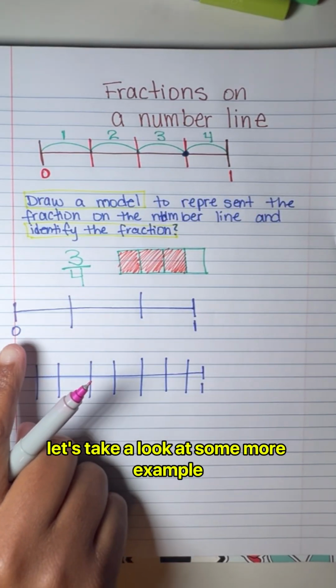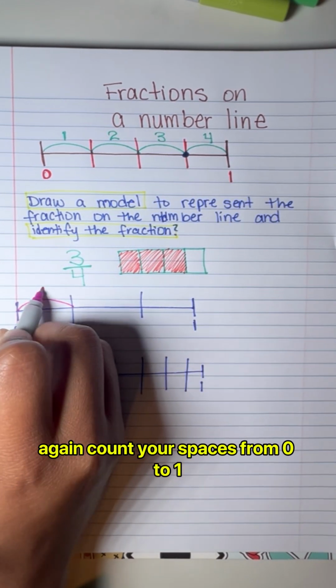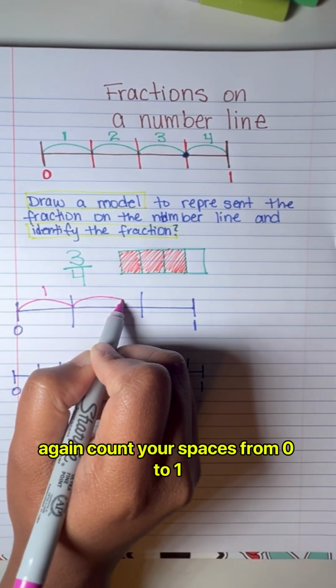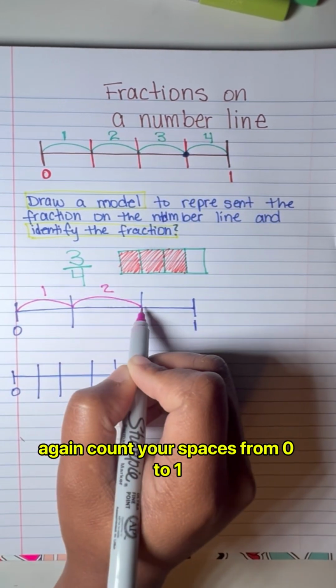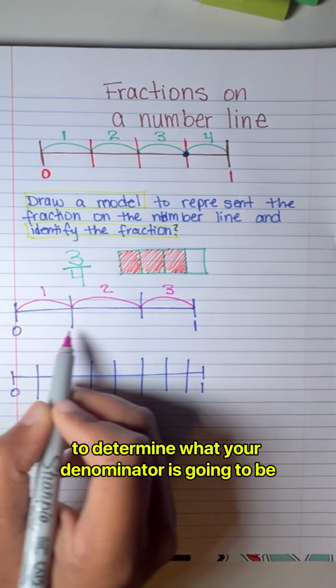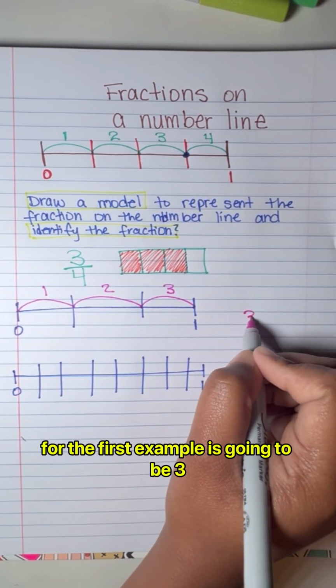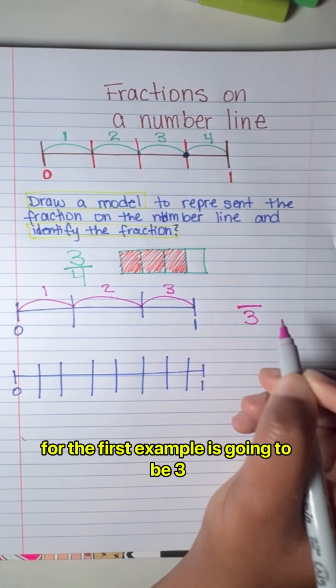Let's take a look at some more examples. Now, if you take a look at the first model, again, count your spaces from 0 to 1 to determine what your denominator is going to be. And we determined that the denominator for the first example is going to be 3.